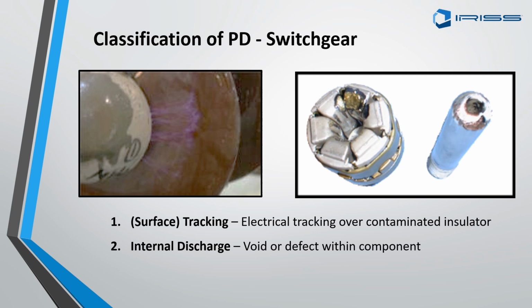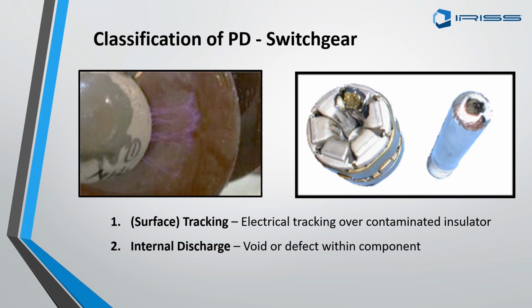So you see it on standoff insulators, you see it on insulating boots, things like that, and that's the arcing, tracking, and corona. Now we can detect that because it gives off noise in the ultrasound spectrum. So we can use ultrasound listening devices and handheld devices to listen in for those surface events.